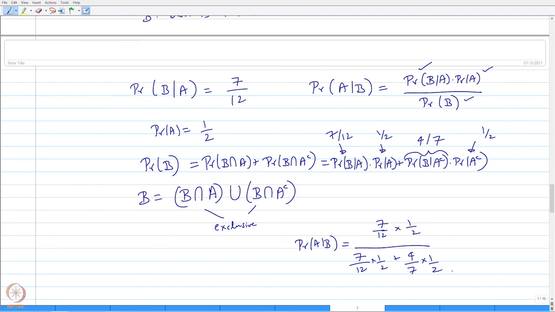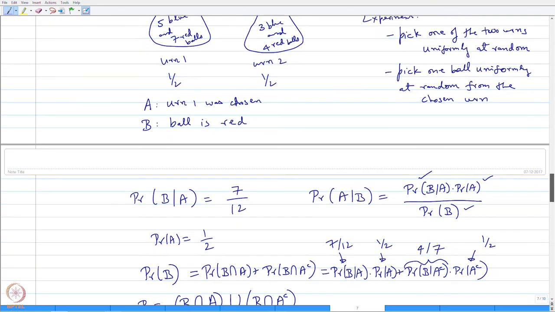The 2 cancels throughout. Multiply by 12 into 7 and you get 49 in the numerator divided by 49 plus 48, which is 97. That is the probability that urn 1 was chosen given that the ball was red.